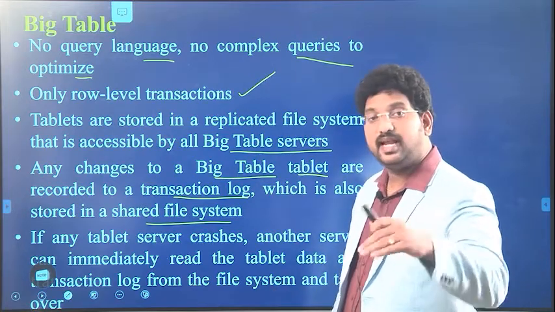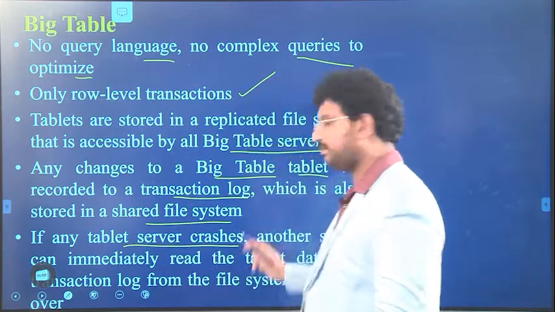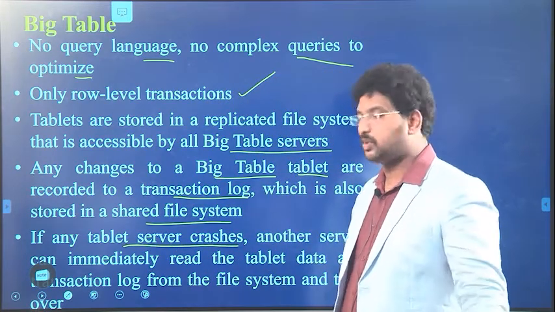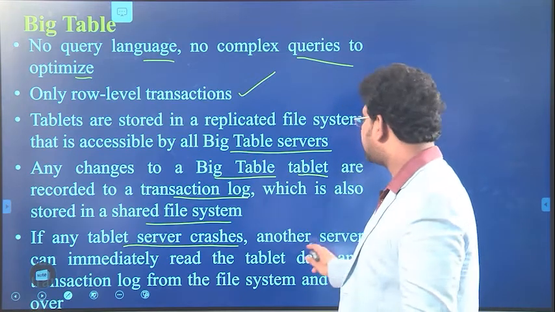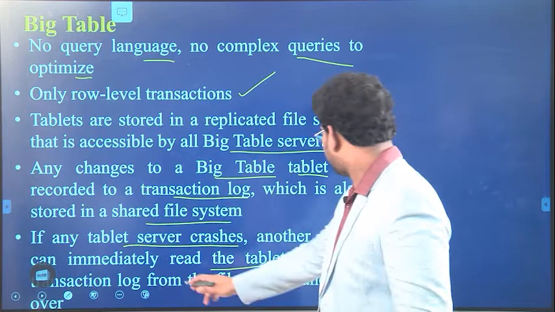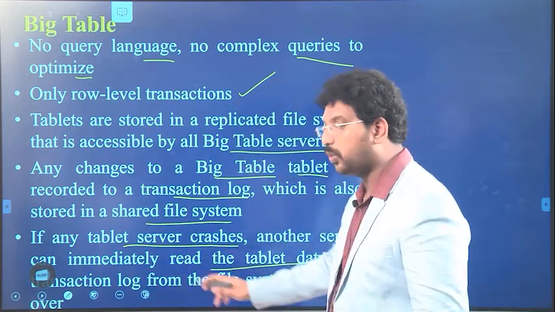And if any tablet server crashes, the server consisting of the tablet will crash. What will happen here? Another server can immediately read the tablet data and transaction log from the file system and take over.